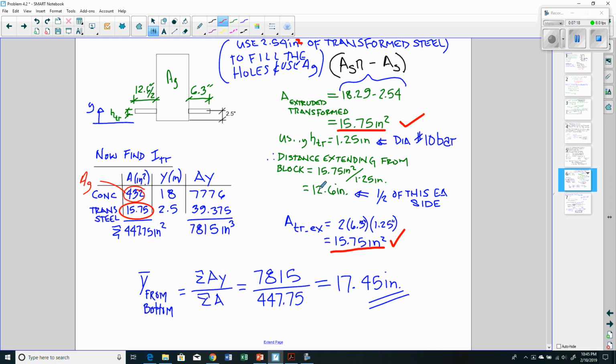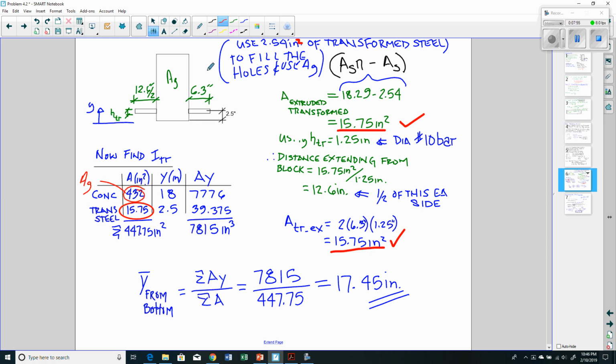If this is our square area of transform section that's left over after we fill the 2 holes, then we have 15.75 inches squared divided by the height, so that we're extruding 12.6 inches total out of the concrete block. So if we put half of this on each side, then we have 6.3 inches extruding this way, 6.3 inches extruding this way, and both of them are a height of 1.25 inches, which is the bar diameter.